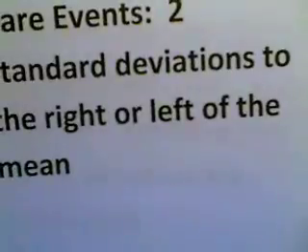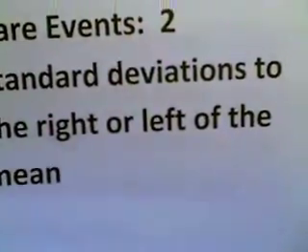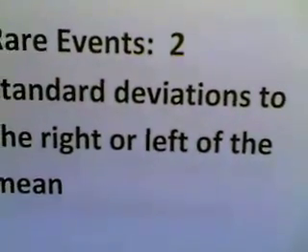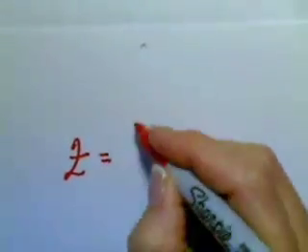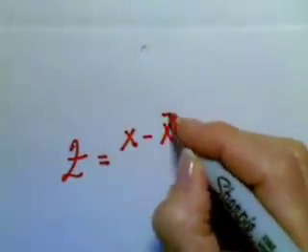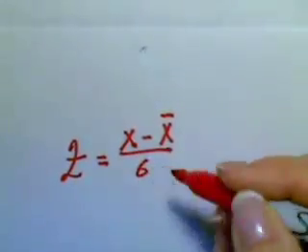So let's look at what it would look like to calculate a z-score. The formula that we use is z is equal to the x value that you are given minus the mean divided by the standard deviation.